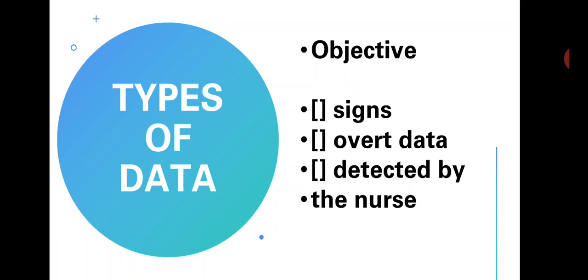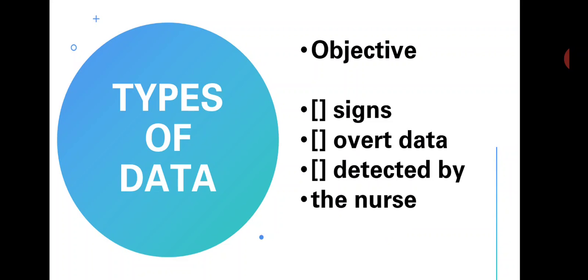Objective data are the signs, or any cues that you see in your client. For example, if you see the client is rapidly breathing, so the client is tachypneic, then that becomes a sign. Compared to subjective data, objective data are overt data. When we say overt, it can be seen or observed by the nurse.